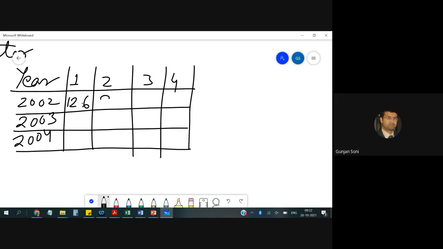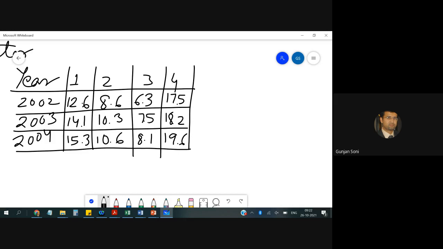I mean, we write the values of each quarter. Then 14.1, 10.3. So for 3 years and 4 quarters, we have this data.